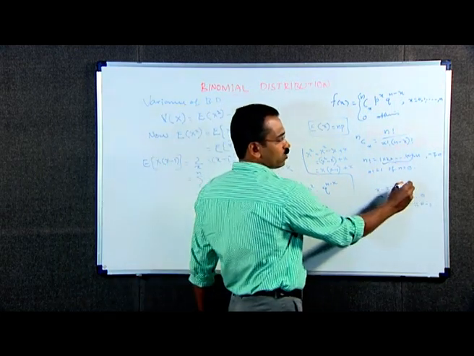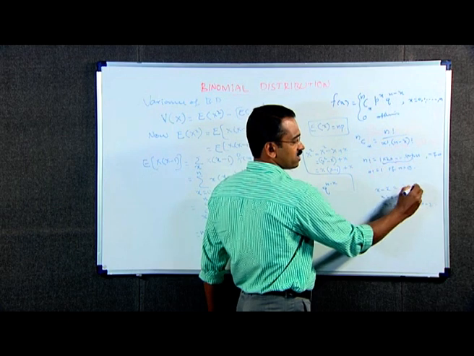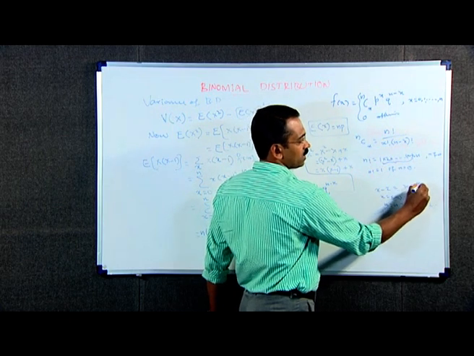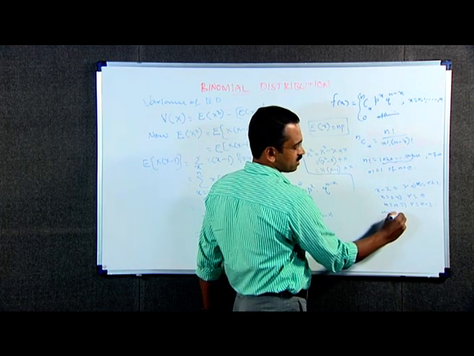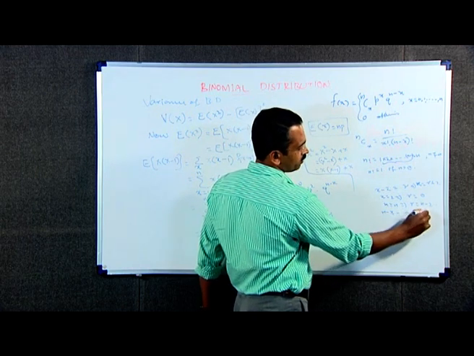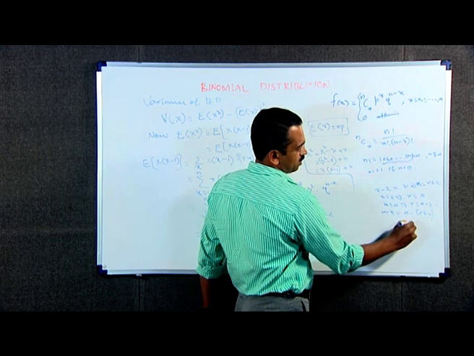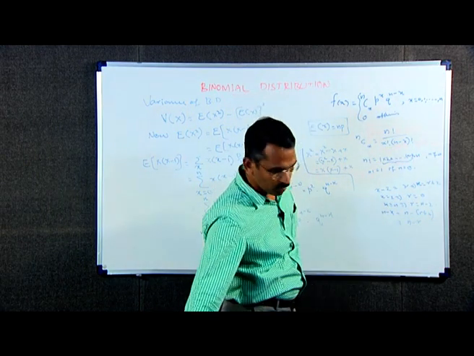x minus 2 equal to r gives x equal to r plus 2. Therefore, n minus x is equal to n minus of r plus 2, that is n minus 2 minus r.